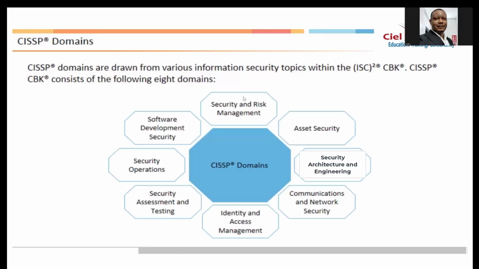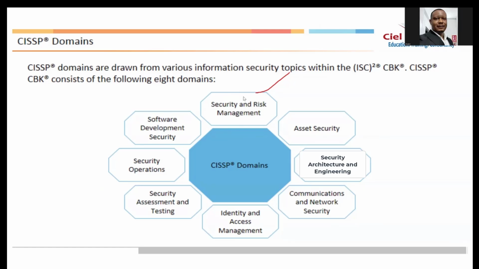So the CISSP is broken down into 8 domains, and these are the 8 domains that we have within the CISSP. Okay, so the very first domain here is security and risk management. And that's the number 1 domain, security and risk management.